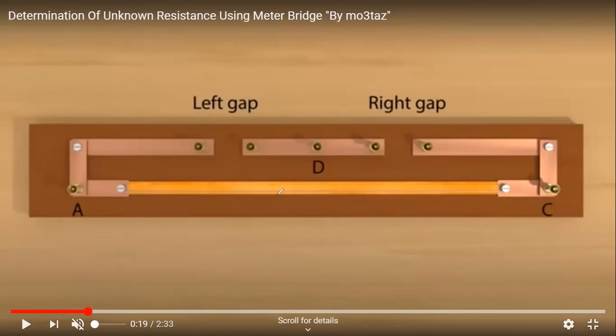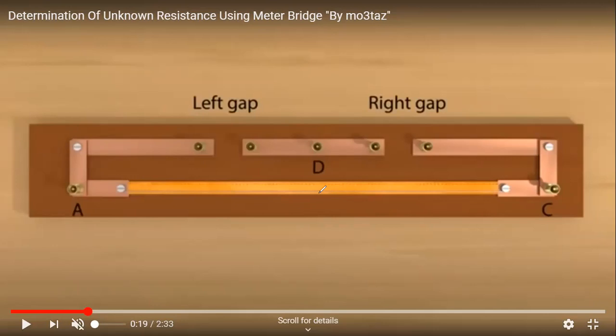Actually, this is the meter bridge wire, and it is made from manganese or constantan. Why is the meter bridge wire made of manganese or constantan?